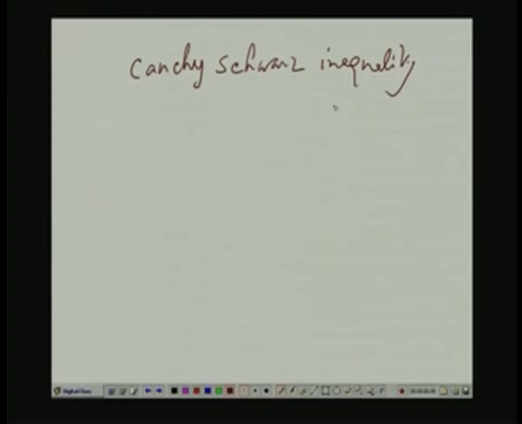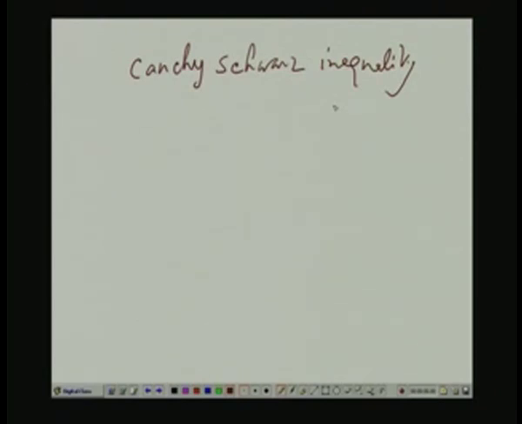It relates to the norm and inner product of vectors, but we will not go into that. We will confine ourselves to the context of random variables only. But remember, that is only a limited way of looking at the Cauchy-Schwarz inequality, its scope is much more.